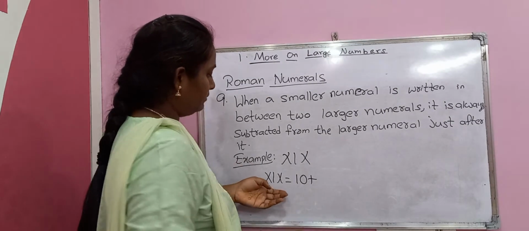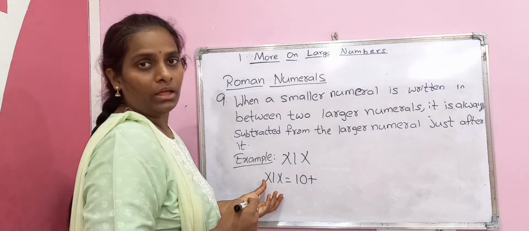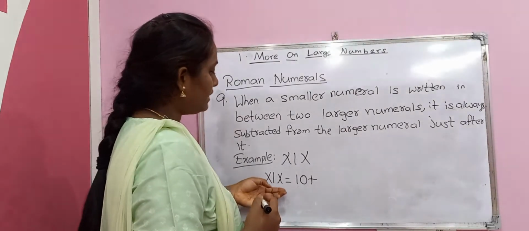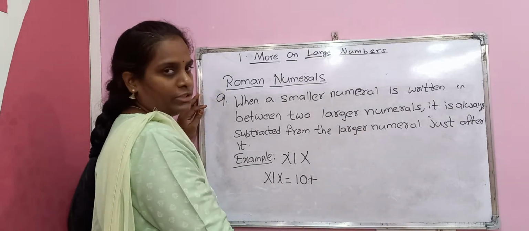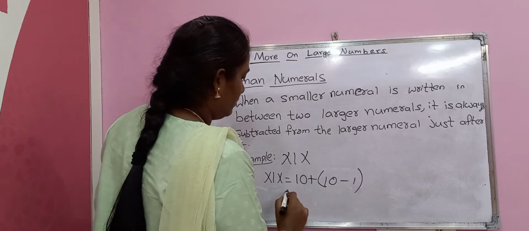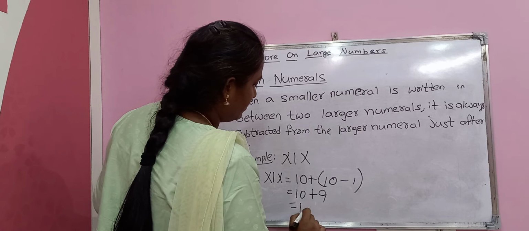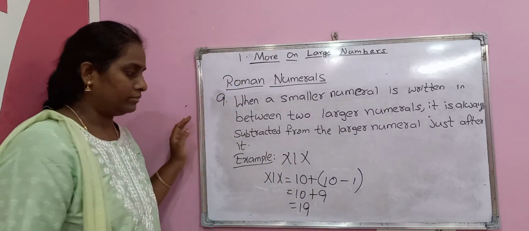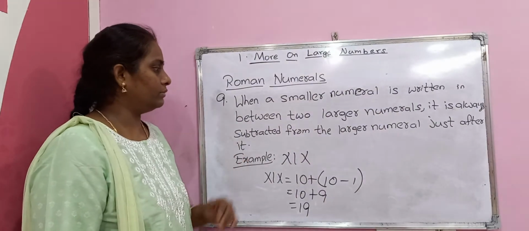Next, here, this smaller numeral is between the larger numerals, and we subtract the smaller numeral from after the larger numeral. So 10 minus 1. 10 plus 9 is equal to 19. Copy it. Copy this rule.